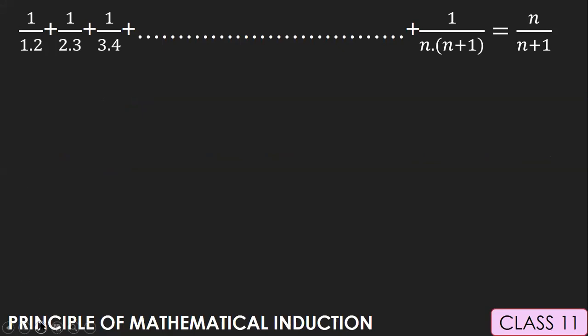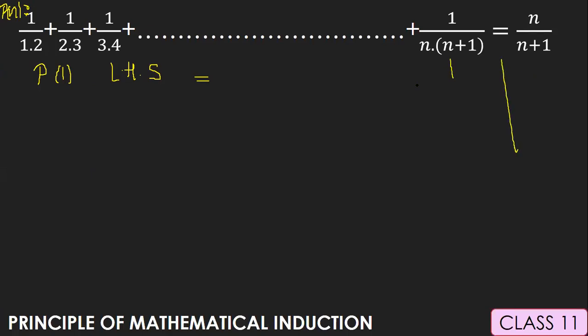So for that purpose, first of all, the first step would be, let us take this statement as Pn, right? So this statement would be of the form Pn. So let us check if it is true for n is equal to 1. For P1, it is your LHS and this is your RHS.